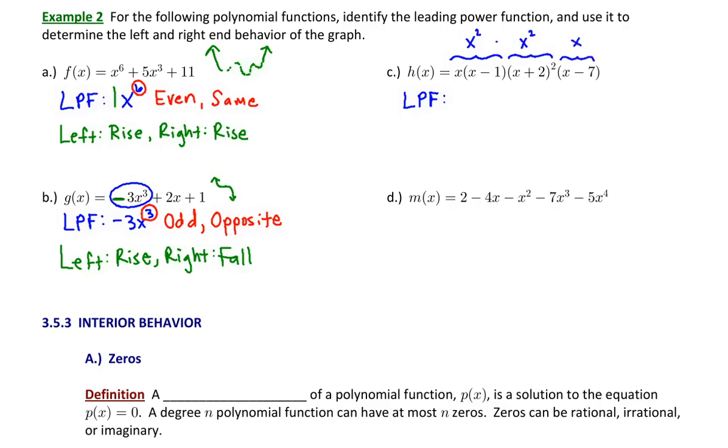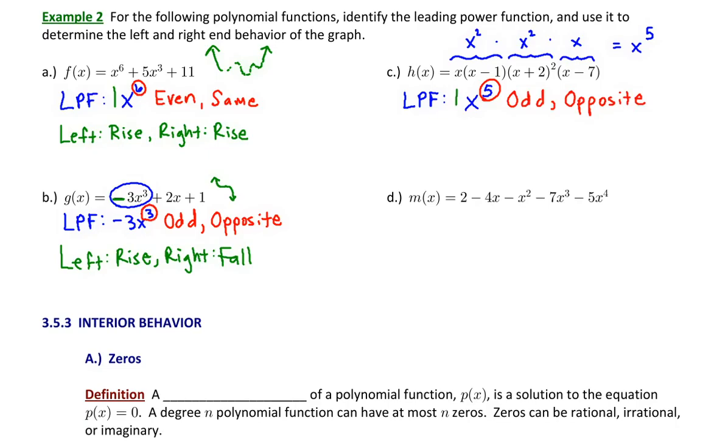If I multiply the highest power of x from each product, of course we have to add our exponents here, we would see that our leading power function is x to the 5th. This is an odd degree leading power function. And remember, odd degree leading power functions indicate that the polynomial is going to have opposite end behavior.